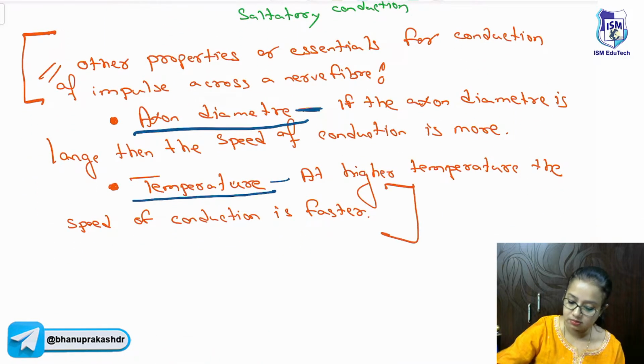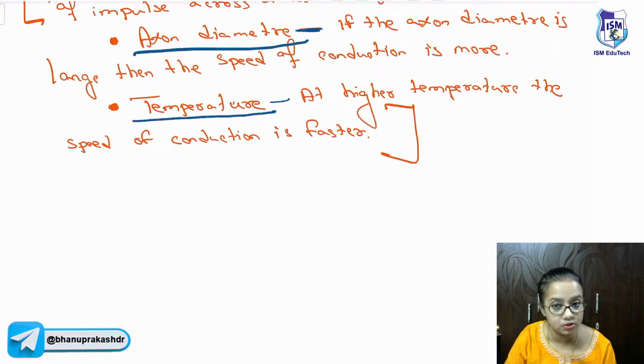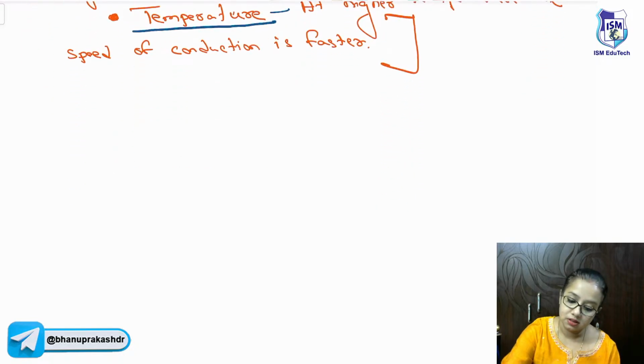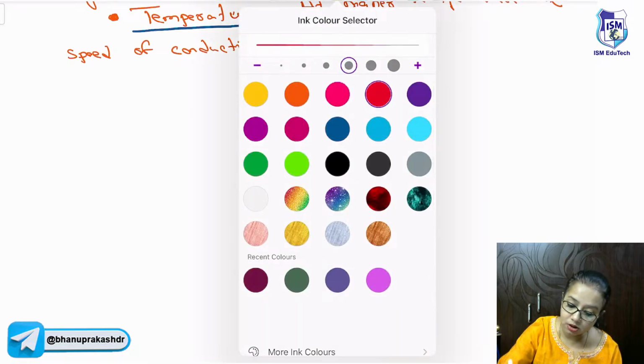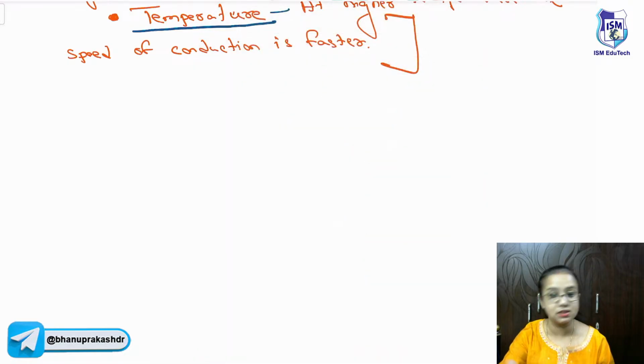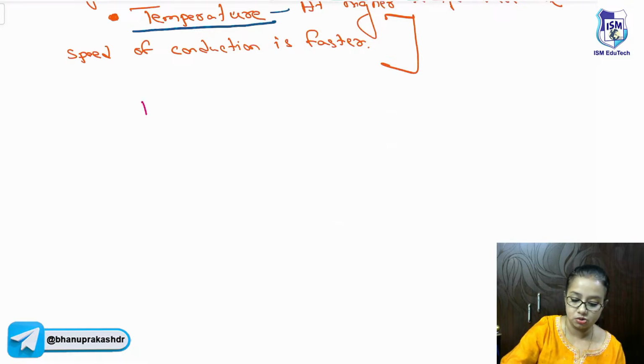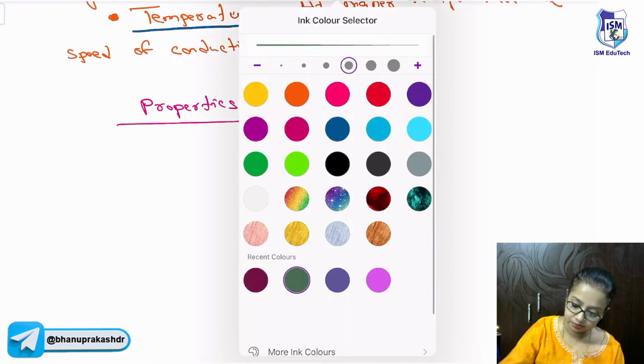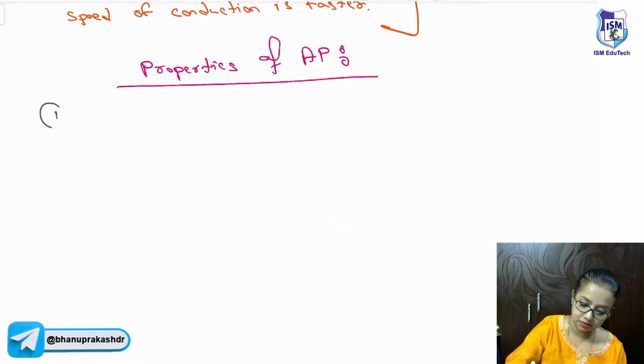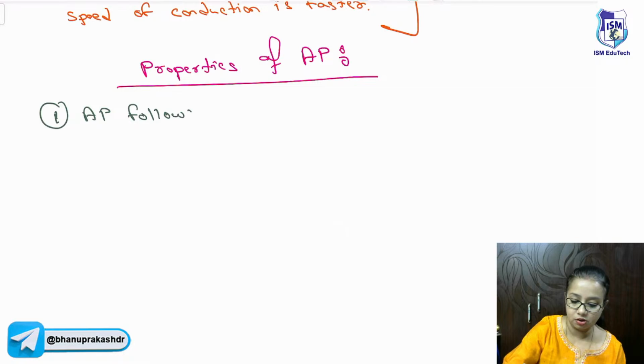Now coming back to the action potential. What are the other properties or characteristics of action potential in a nerve fiber? Number one, action potential follows the all or none law.